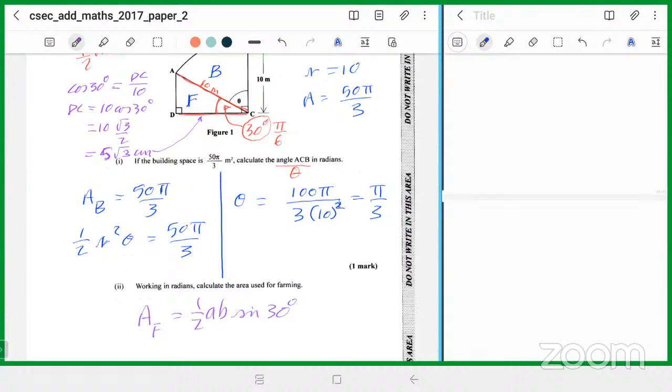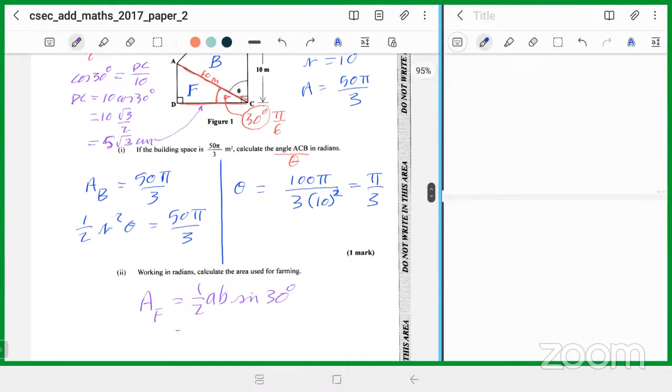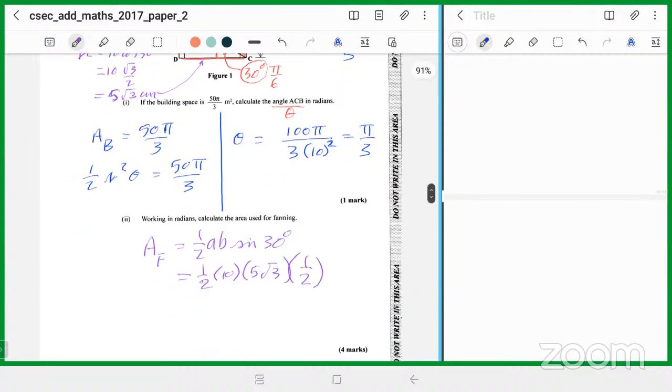I'm not going to call it theta because this is theta. Then it would be half, the A side is 10, the B side is 5 root 3, and the sine of 30 is a half. And that will give us the area used for farming.